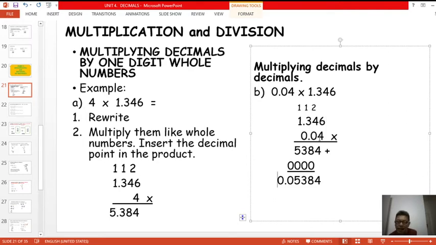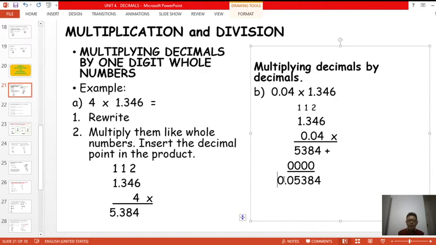Then start from the last digit on the right, move to the left, 1, 2, 3, 4, 5. Then you put your decimal point there, and since you don't have any other number there, the whole number is 0. You write down 0 just to represent the whole numbers place. Okay, that's it for this problem.